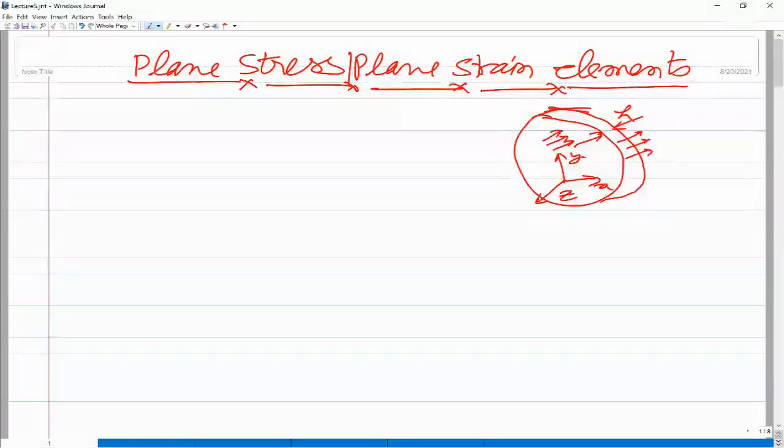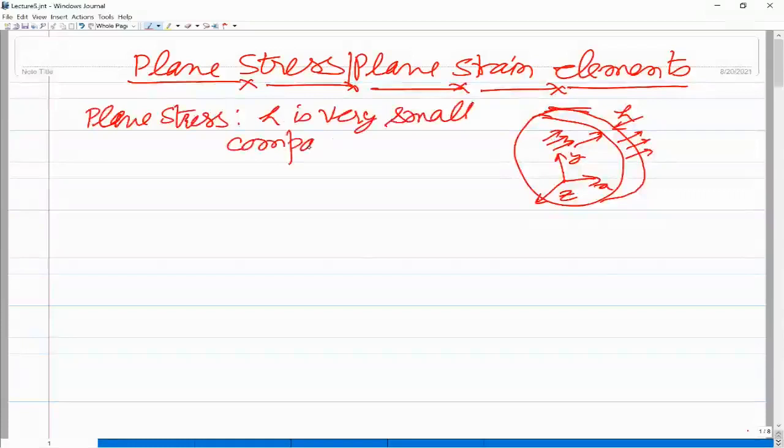For the plane stress case, h is very small compared to the in-plane dimensions, that is, the dimensions along x and y.